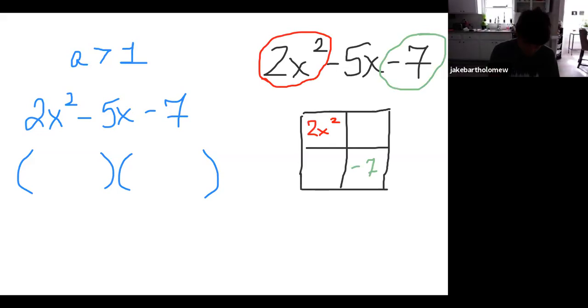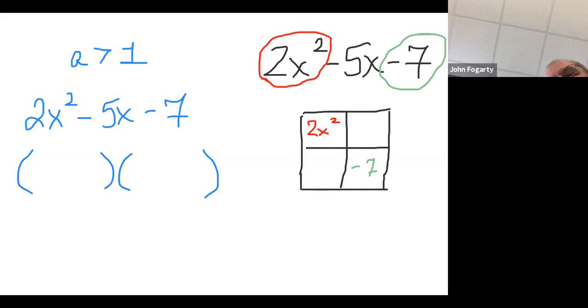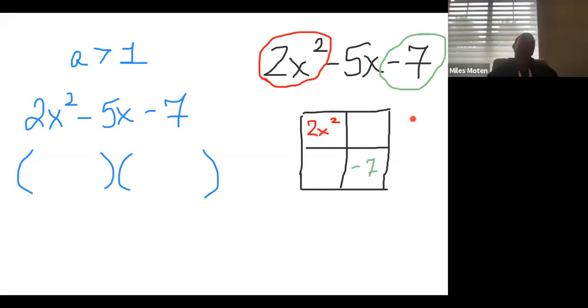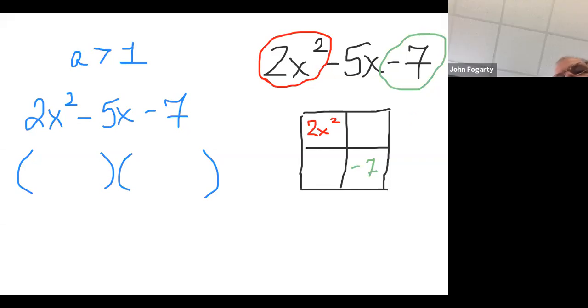All righty. Now, the other 2 boxes are really easy. Ready? All you got to do is take 2 and negative 7. What's 2 times negative 7? Negative 14. Yep. Give me the factors of negative 14 that add up to negative 5.